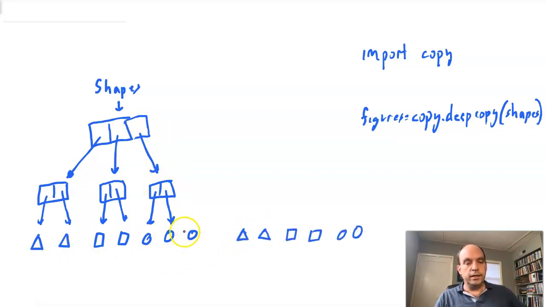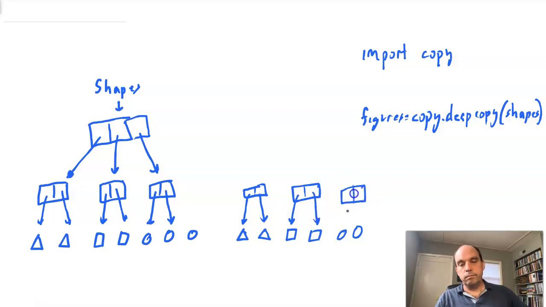Notice I'm not recreating this third circle because it's not referred to anywhere in this hierarchy. But I do recreate all the shapes, and then I go up one level and I recreate all the lists. And with those new lists, I point them to the new shapes, but using the same structure as the original ones. And then I come up one more level and I create this sort of master list with references to the new list objects, but the same structure.